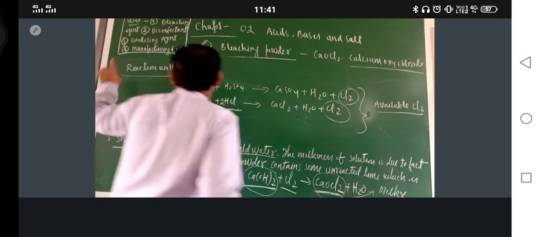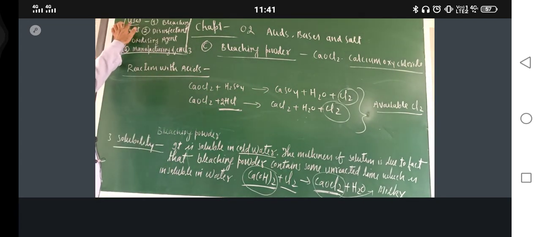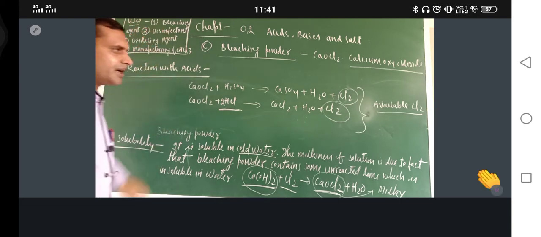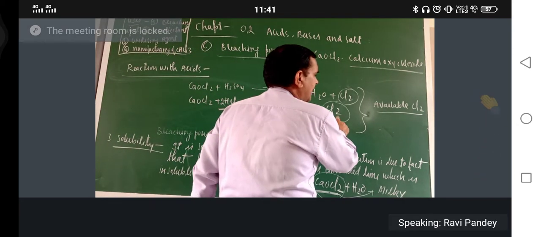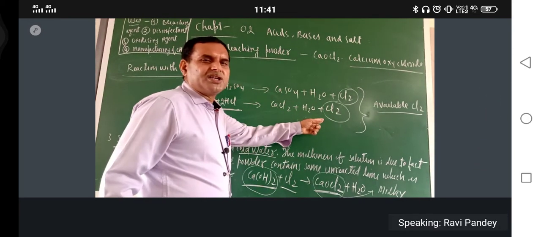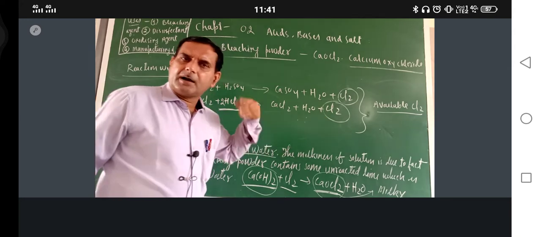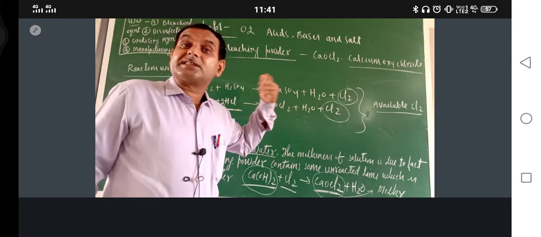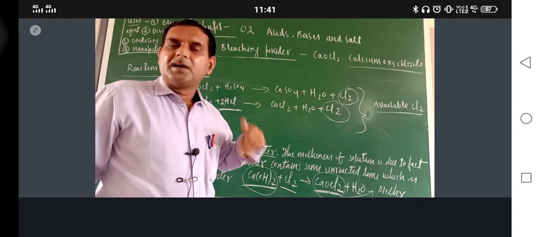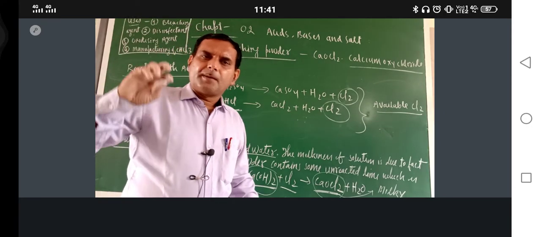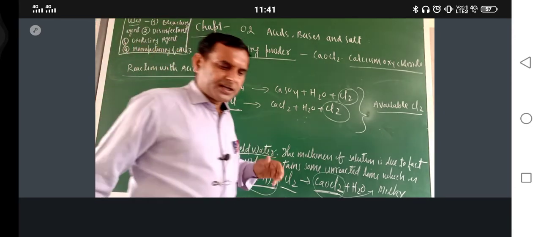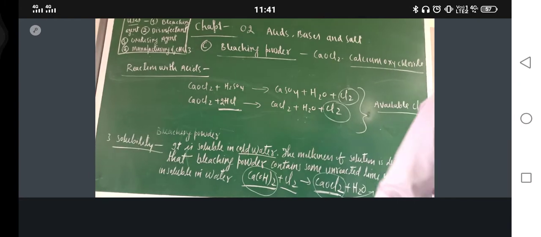Now this Cl2 is only doing everything. Just see. Here I wrote the action or uses of bleaching powder, bleaching agent. This Cl2 is only used as a bleaching agent. What is the meaning of bleaching agent? Decolorizing the substance like food pulp. You might have heard about the paper industry. In paper industry, wood pulps are there.